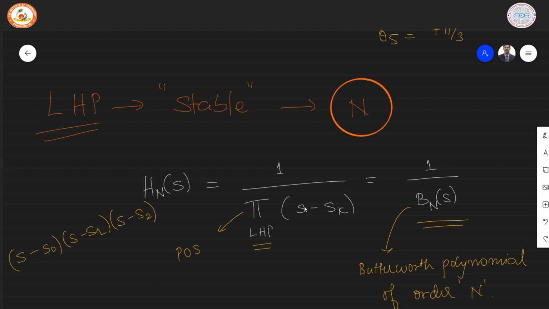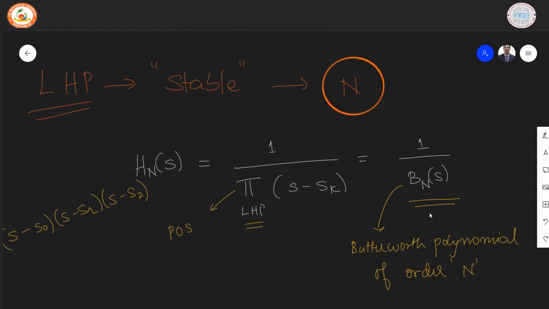The expression can be of the general form s minus sk, where sk is the pole value in rectangular form, and the expression after you substitute and simplify shall be called Bn of s, where Bn of s stands for the Butterworth polynomial of order n.